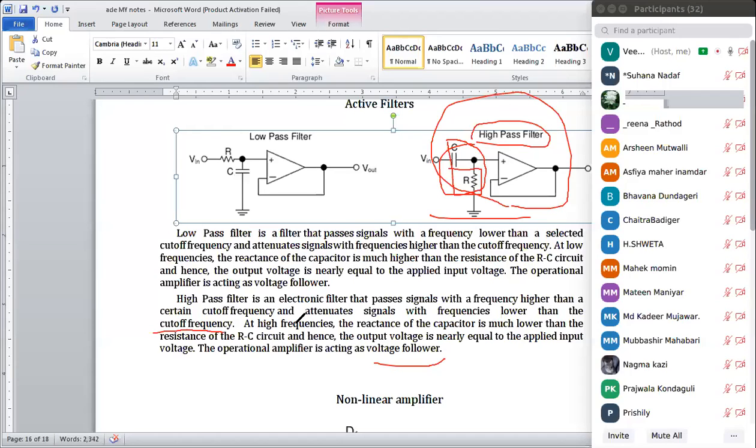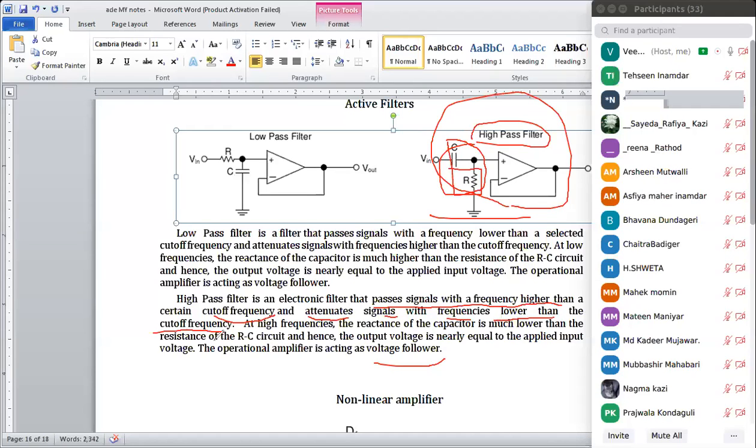It passes only higher frequencies than the cutoff frequency, and it attenuates or prevents or stops signals with frequencies lower than the cutoff frequency.